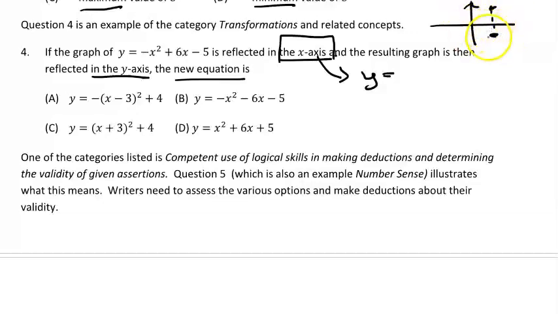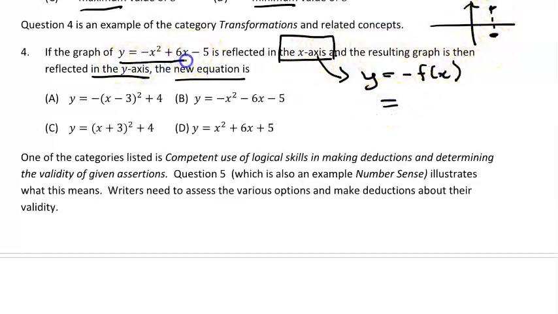So what happens? The y value changes, isn't it? The sign of your y value changes, so the rule for the x-axis reflection will be minus f of x. So let's do that first. For the x-axis reflection, it will be y equals minus f of x.